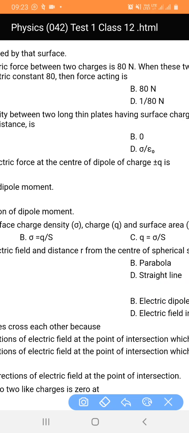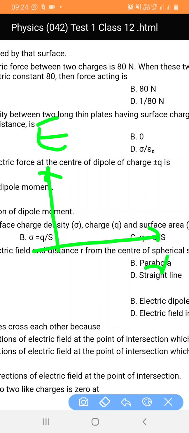So for this question, here is electric field intensity and here is r. In a spherical shell, up to r equal to R from the center, the electric field intensity is 0, and on the surface it is sigma upon epsilon naught, and above it is a rectangular hyperbola.